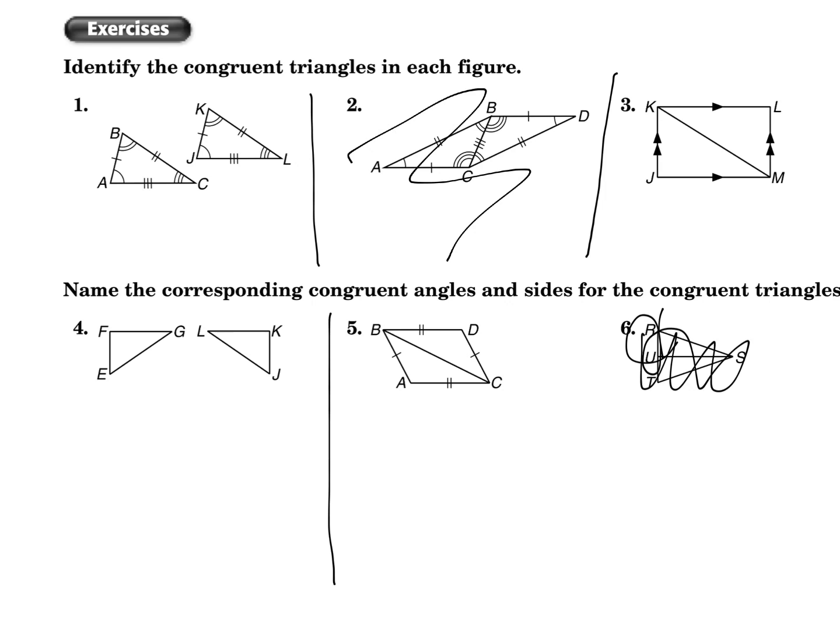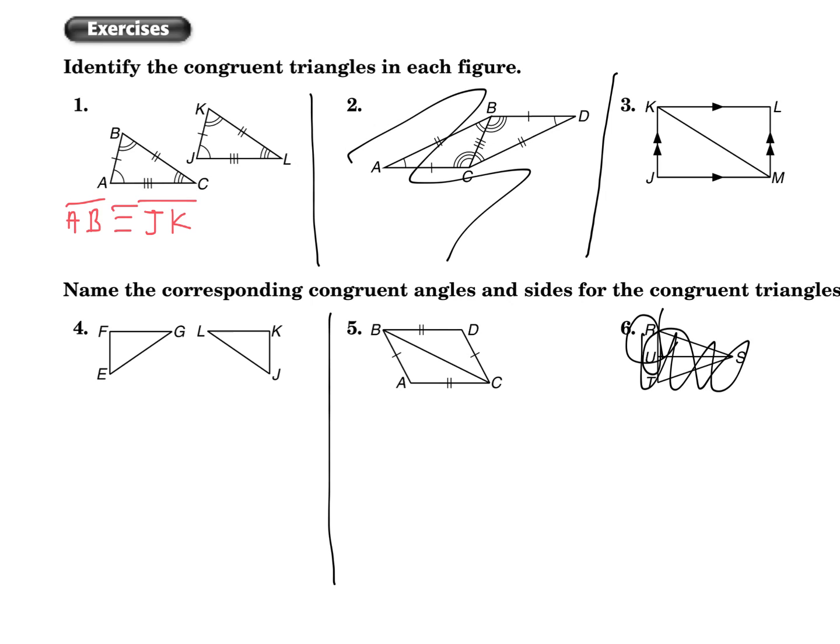We see side AB has 1 tick mark, and side JK has 1 tick mark. So let's write that as one of our congruent statements. Side AB is congruent to side JK, and it's necessary to have it in that order. Otherwise, we won't know that those angles are congruent.